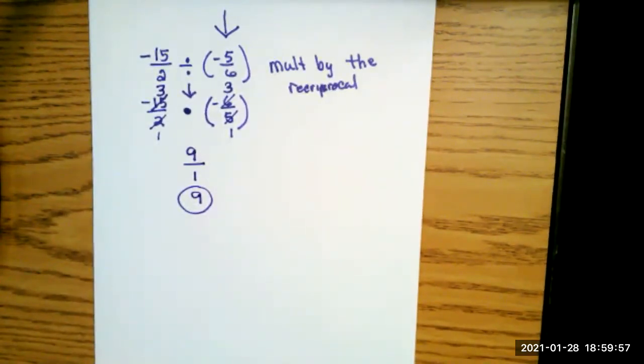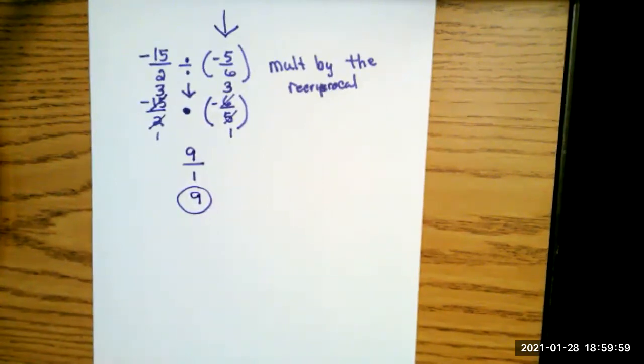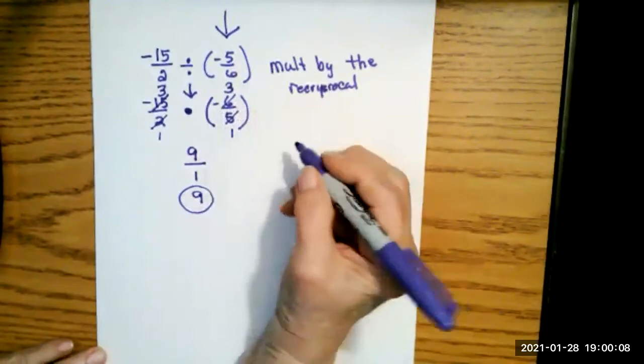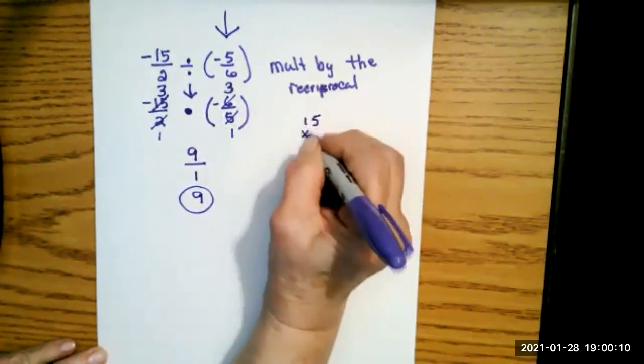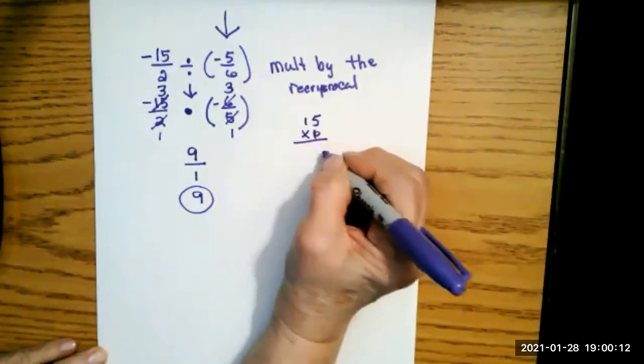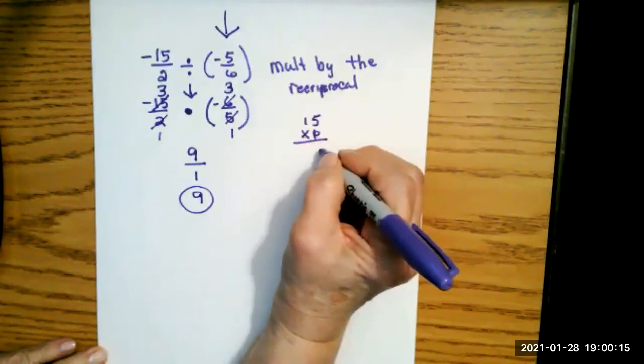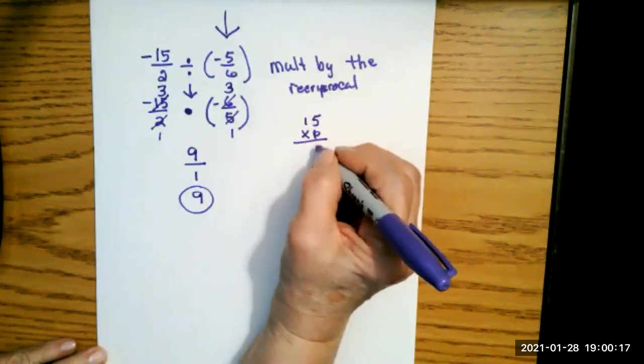Okay, Eric, what did you do wrong on that problem? I multiplied the top and the bottom, and then I reduced it. Okay, well, what did you get when you multiplied the top? When you multiply 6 times negative 15, you get negative 80. No, not multiply, negative 80.